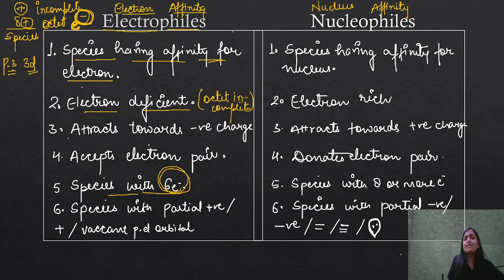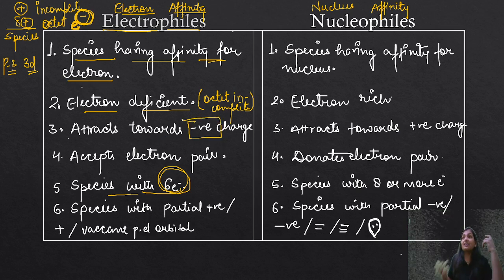Not necessarily if they are having a positive charge, and of course we know that opposite attracts. If they are having a positive charge, there might be a possibility to become neutral, because neutrality is the key. Neutrality means stability. So if any of the species shows attraction towards the negative charge, it is said to be electrophilic.